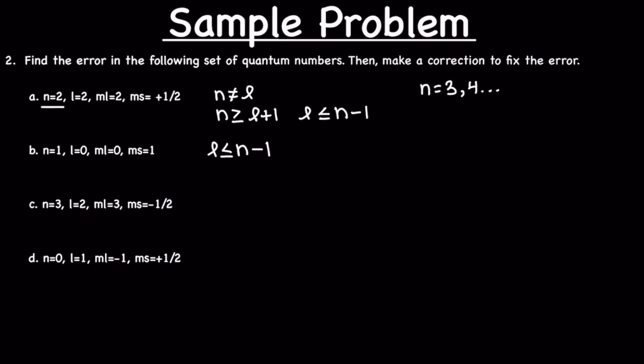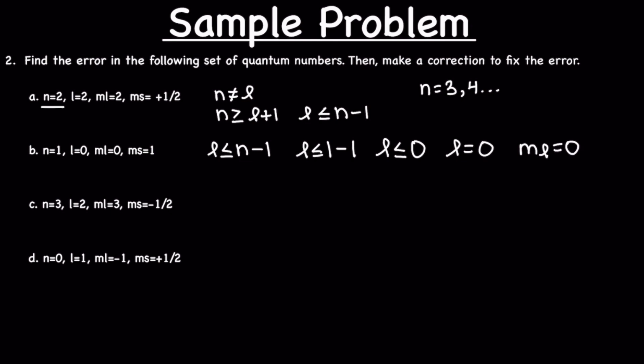And if n equals 1, L is going to be less than or equal to 1 minus 1, telling us that L is going to be less than or equal to 0. L values start from 0, so in this case, L is just equal to 0. So that's fine. ML is a range of negative L to positive L. So if negative L is 0 and positive L is also 0, we know that ML is going to equal 0.